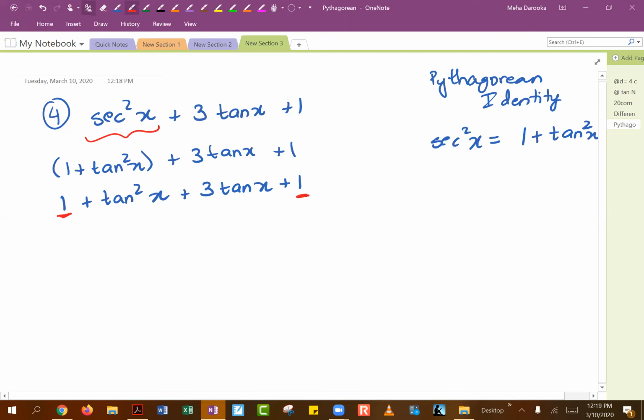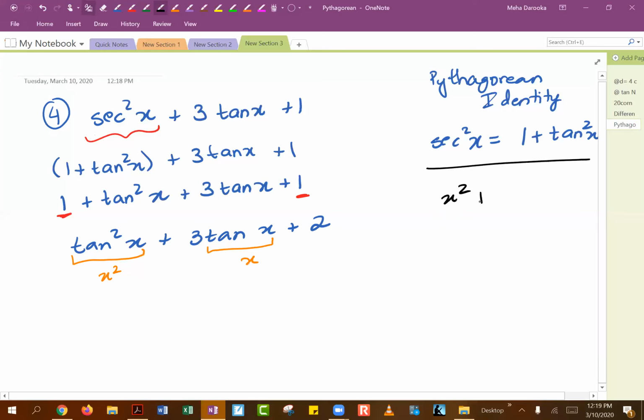Yeah, go ahead and combine. Very nice. So that will give you tangent squared of x plus 3 times tangent of x, and of course, 1 plus 1 becomes 2, right? Now that they are the same function, you can think of this guy as being your x squared and this guy as being your x. You would have x squared plus 3x plus 2 as your expression.